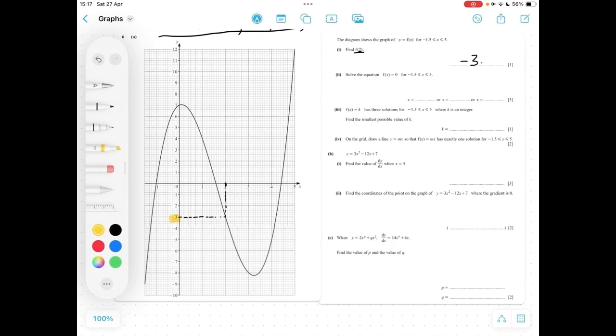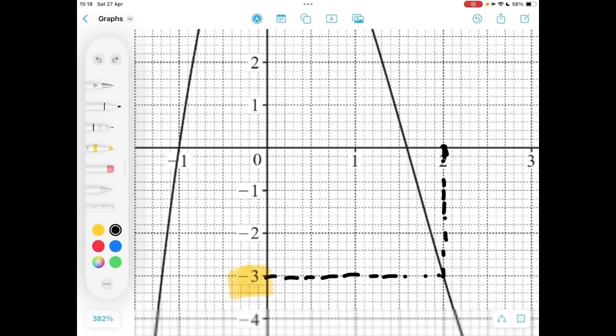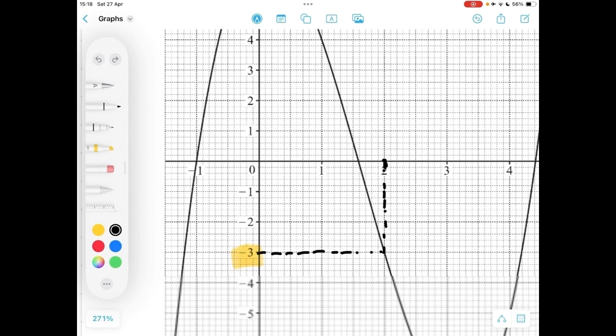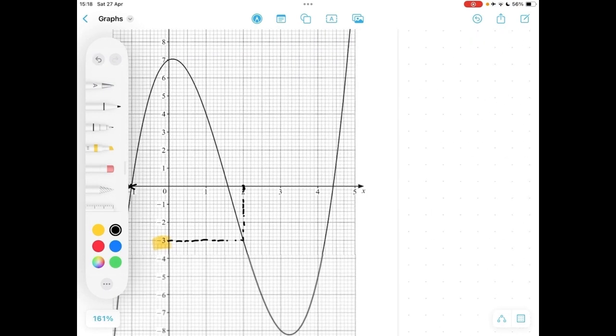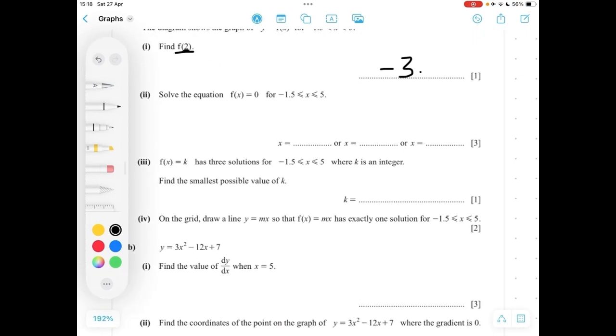That would be this line right here, because this is where y is equal to 0. So we can just read off the graph the x-intercepts. We have one here, negative 1, 0. So basically x is equal to negative 1.